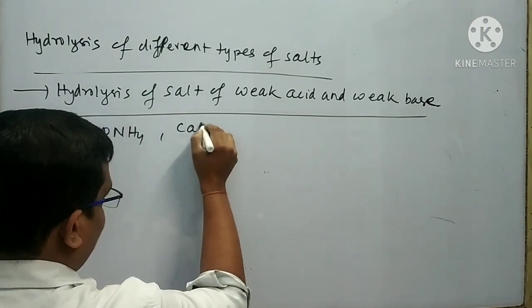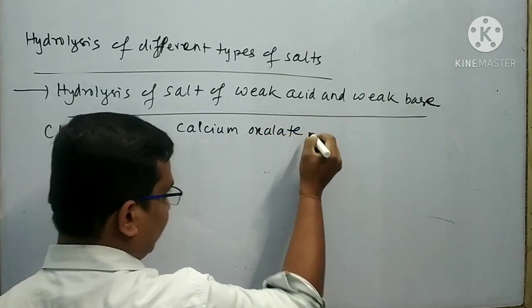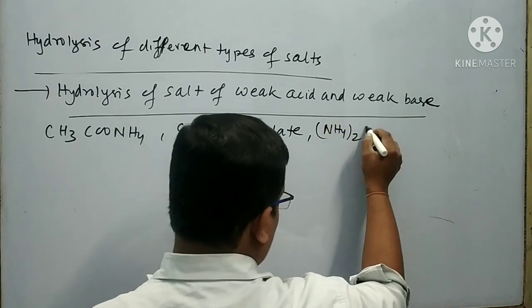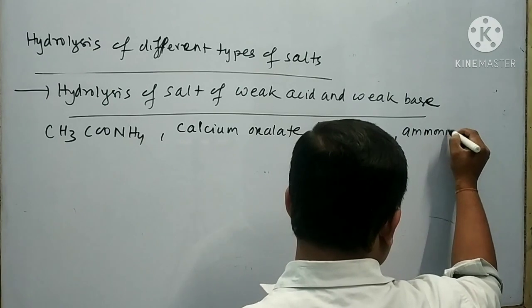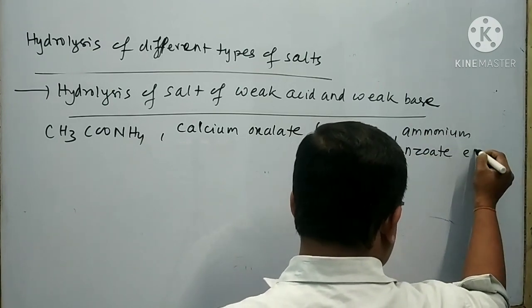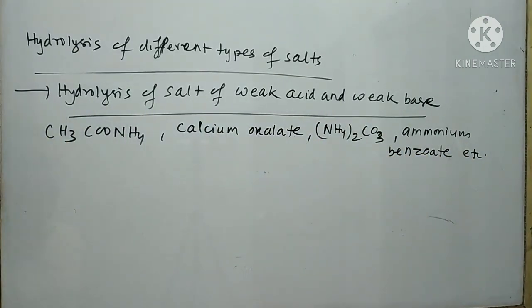Next is your calcium oxalate. Next is your ammonium carbonate. Next is your ammonium benzoate. These are the examples of salt of weak acid and weak base.